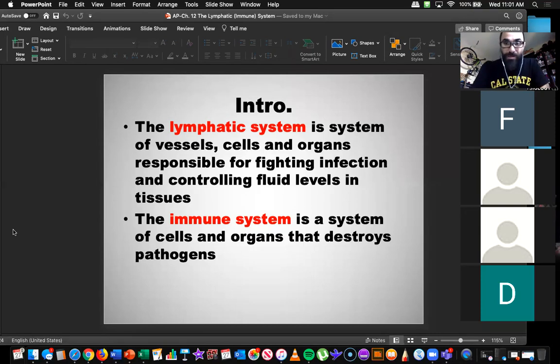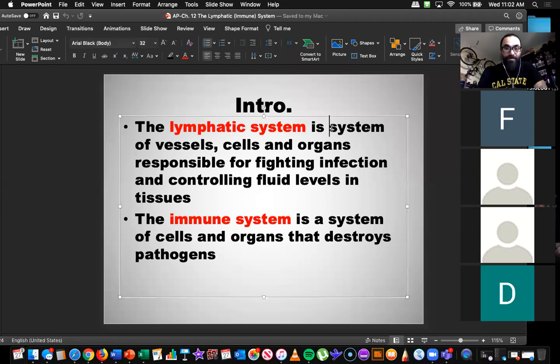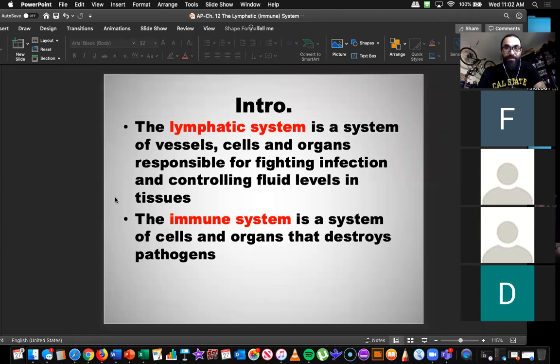Daniel, can you read us this slide? The lymphatic system is a system of vessels, cells, and organs responsible for fighting infection and controlling fluid levels in tissue. The immune system is a system of cells and organs that destroys pathogens.